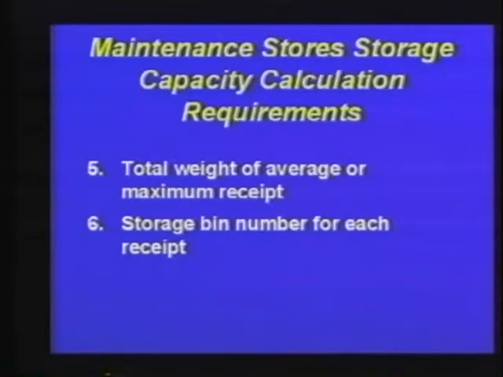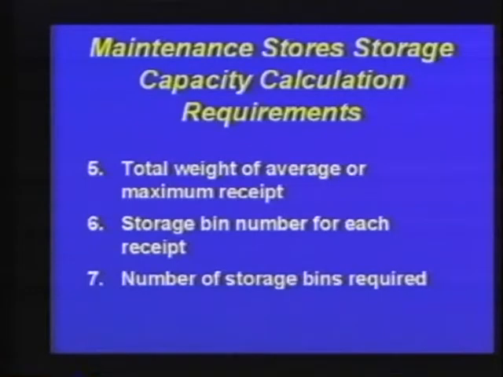We want to identify the storage facilities by some type of a bin numbering system. And then we also want to have the ability to calculate the number of bins or the number of storage racks that are required by part number. So those are the steps from 1 to 7 to provide you with, let's say, the roadmap to the calculation process.